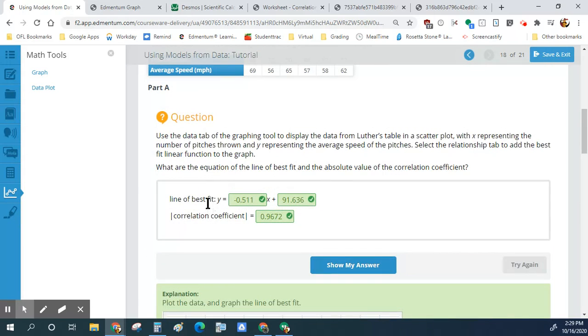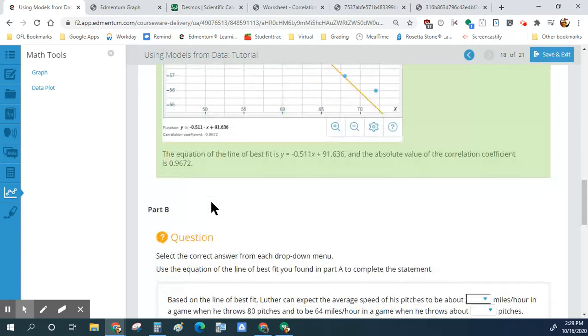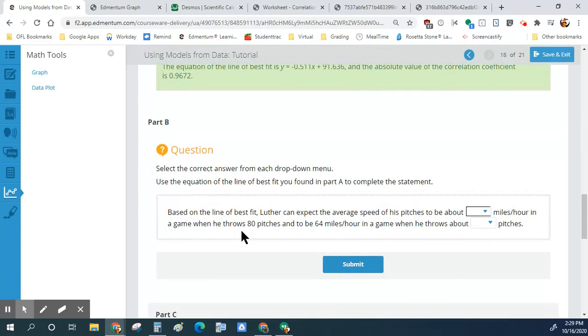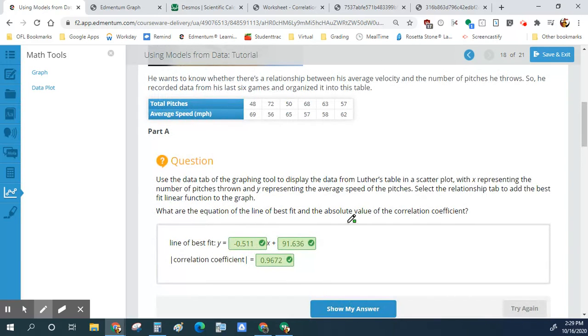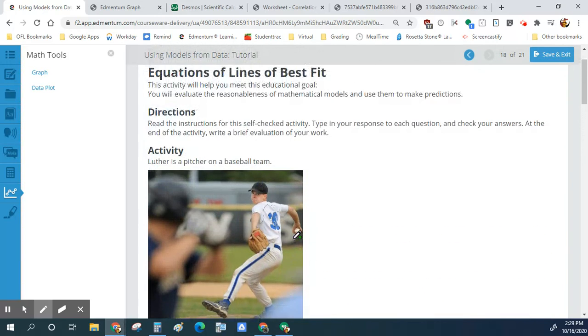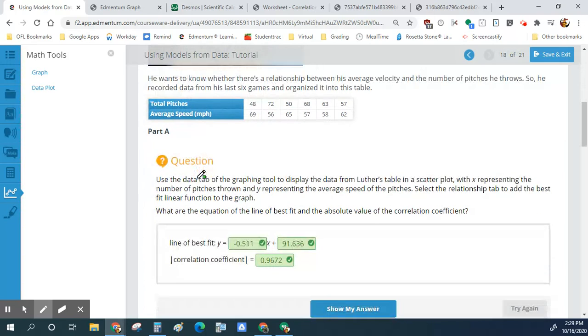0.55 to be that much. Oh, okay. This is like a super backwards way of saying it. So if he's pitching 80 pitches, how much is his average pitch speed going to be? So we need to figure out our variables. And because I didn't read the question, I don't know what the variables are.